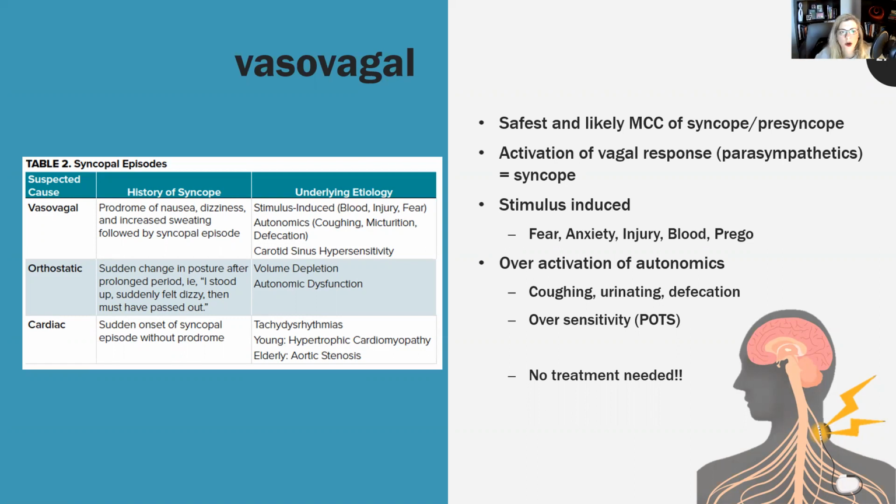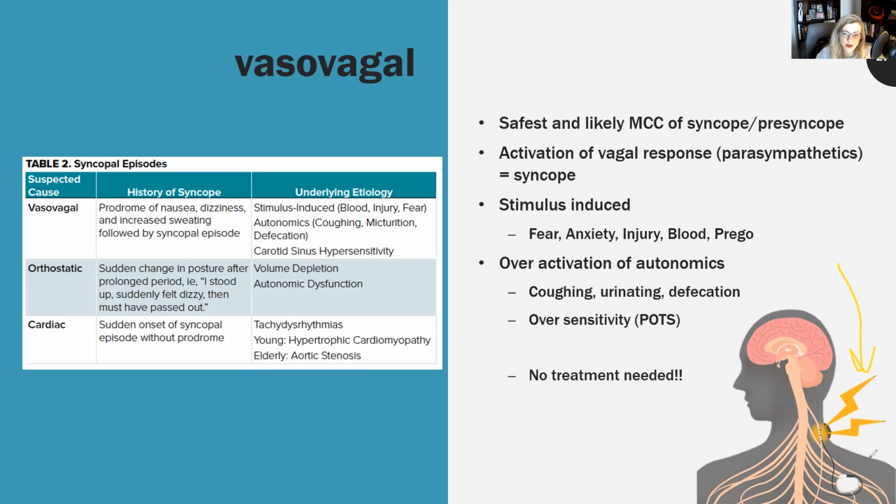I also want you to know that if you're suspicious and you've ruled out many other big causes like posterior stroke of your syncope and your dizziness, if you're pretty convinced this is vasovagal, there's no treatment needed, and usually it doesn't occur again. I do want to point out that some people have recurrent vasovagal problems, and there is something out there called a vagal stimulator.